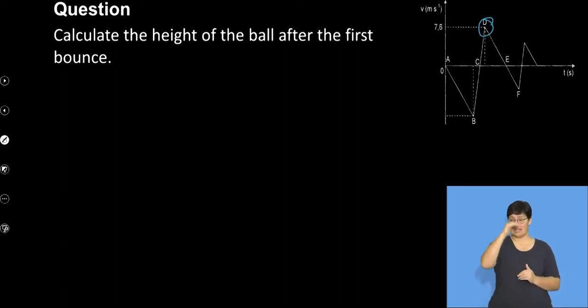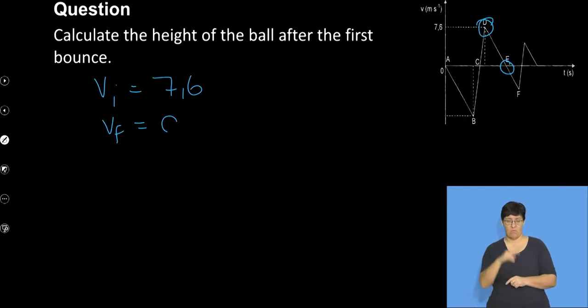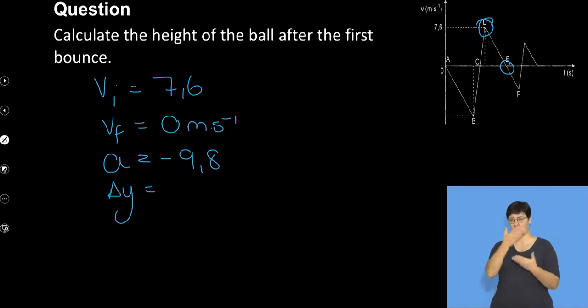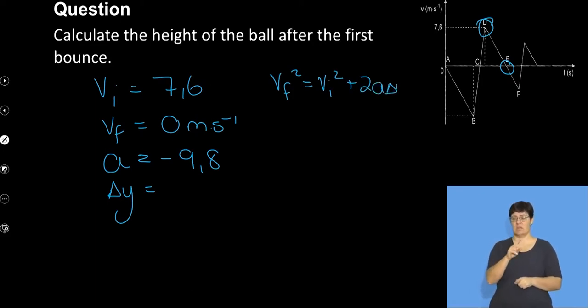By height. We know initial velocity when it leaves the floor. We know final velocity when it gets to the top. We know acceleration is minus 9,8. We want delta y. We don't know time. So we would use Vf squared equals Vi squared plus 2a delta y.